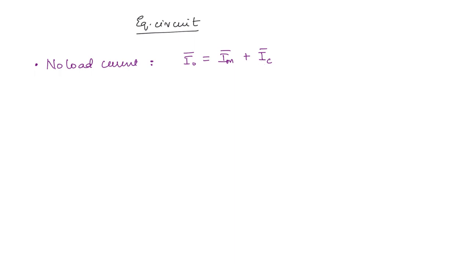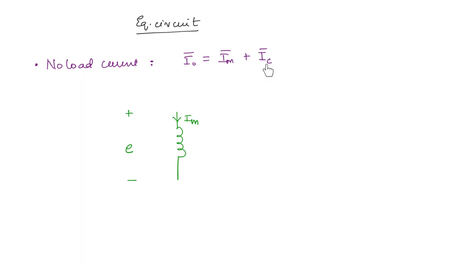So how are you going to model this? The magnetizing current, you can take it as the current through an inductor, right? So if this is the inductor and the voltage across this is the induced EMF, then current IM is flowing through this. Now the current through an inductor will lag the voltage across it by 90 degrees, right? So that's why we are modeling with the inductor.